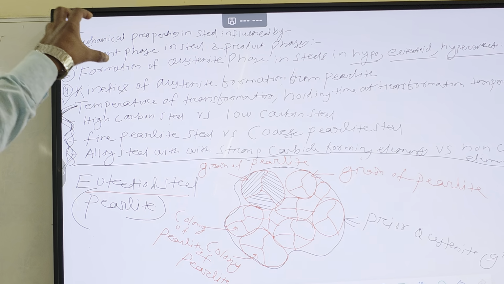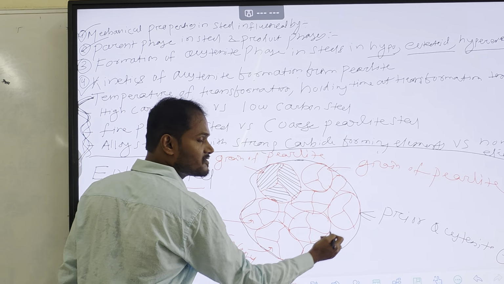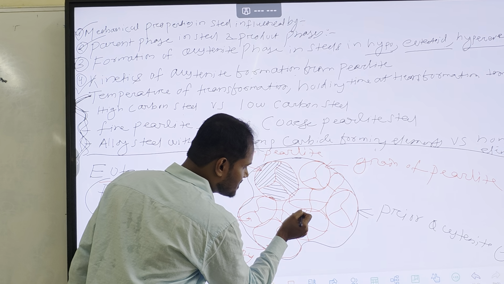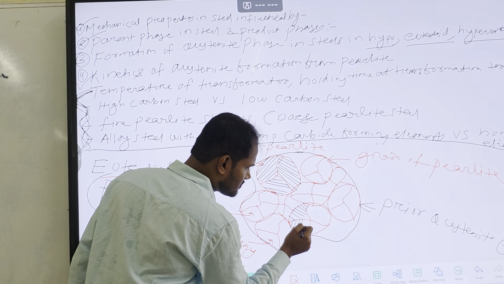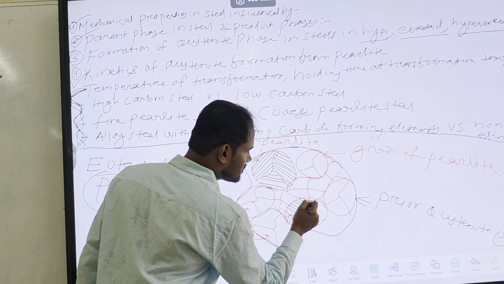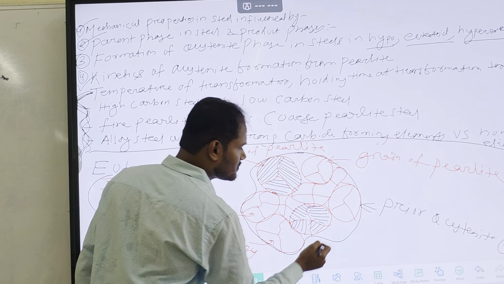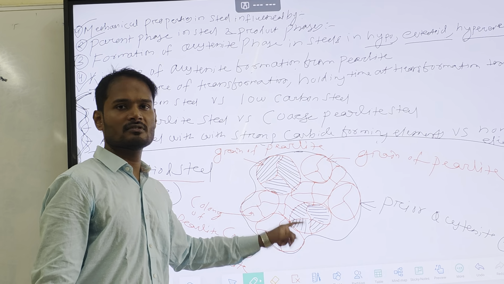So one grain of pearlite is having multiple colonies, and the lamellae orientation is different from one another. Suppose you consider this grain, for example. Suppose orientation is like this in here. Here orientation may be like this, this may be like this. So one colony, 2, 3, 4 colonies are there. This is also 1, 2, 3 colonies like this.